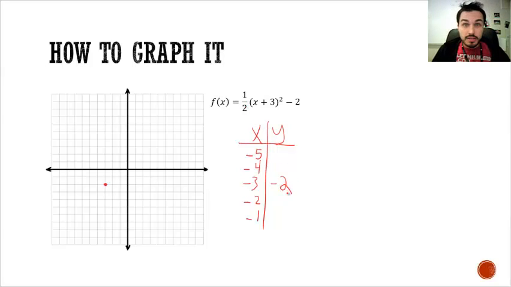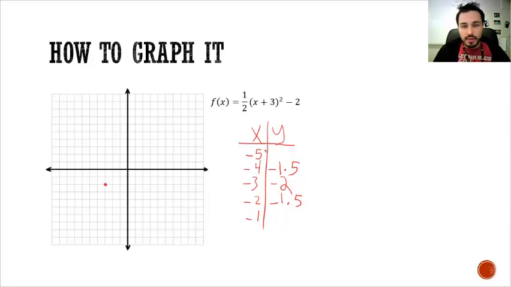You add it if it's positive, you subtract if it's negative. So I have 1/2, oh darn, it's a fraction, decimal, whatever, doesn't matter. It's positive, so I'm going to add 1/2 to negative 2, which is negative 1.5. And so that's going to be that number both above and below my vertex. Again, that's an answer to your WSQ question.